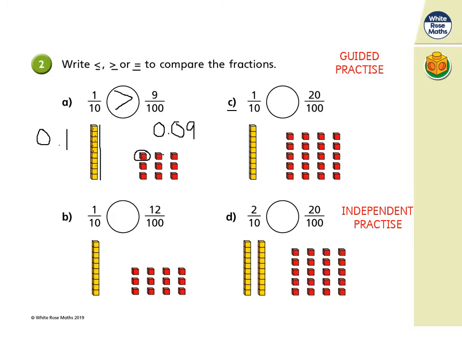Okay, then we're going to look at C. I have 1/10 and I have to compare it to 20/100. I know that if 1/10 looks like this, if I have another tenth, I'll have another column or another row that has got 10 equal parts.